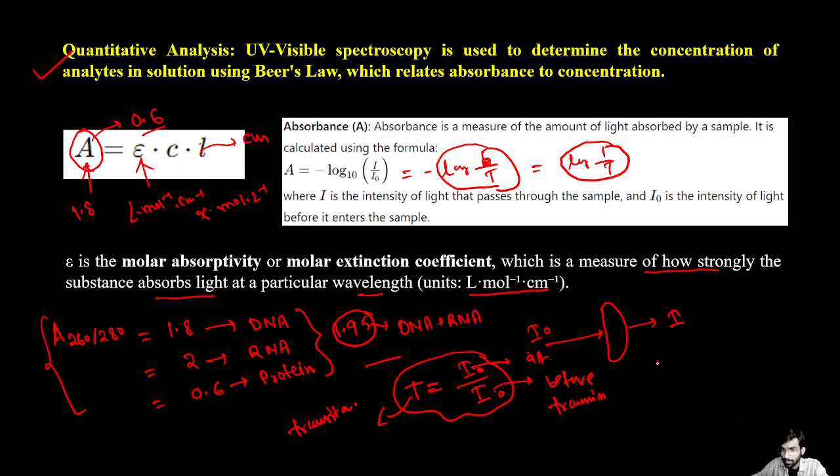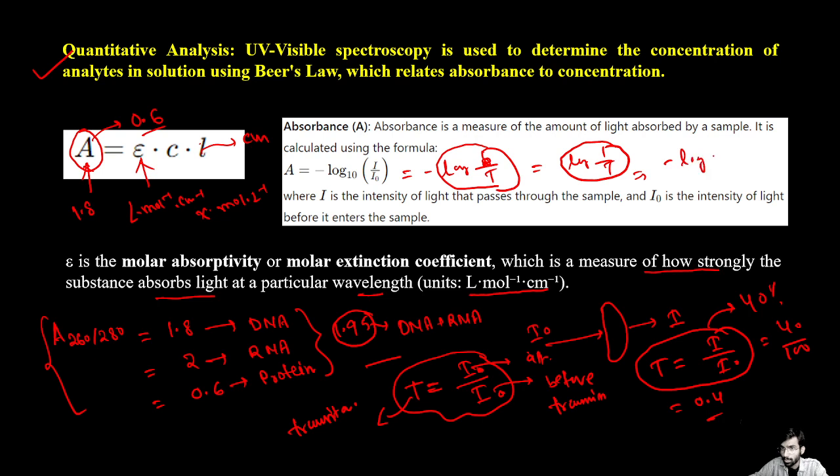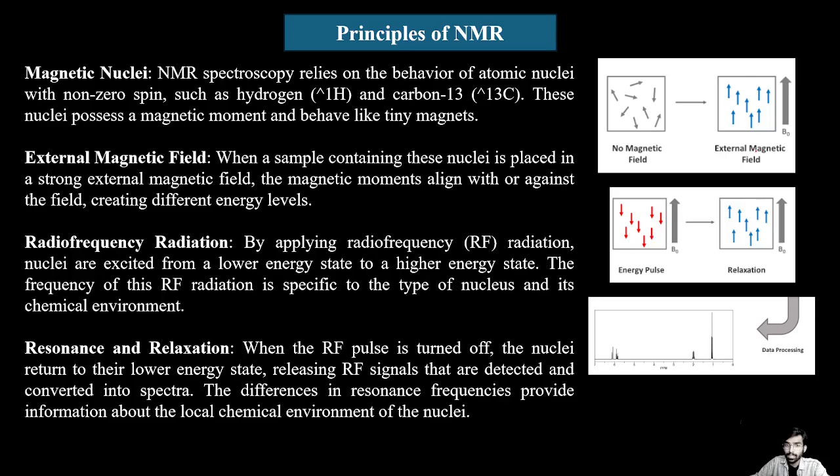So the transmittance T equals I by I0. If someone says the transmittance is 40%, that means 40 by 100, you can write 0.4. So in general we get that minus log T, base 10, equals epsilon C l, right? So from here, if someone gives you the transmittance, you can calculate the concentration, right?